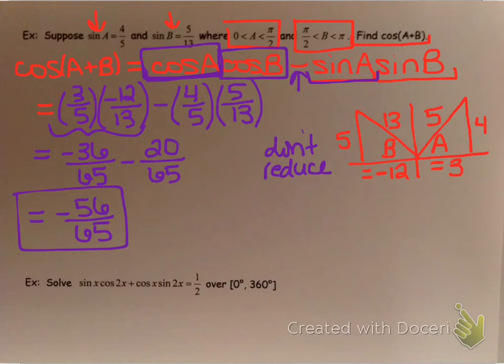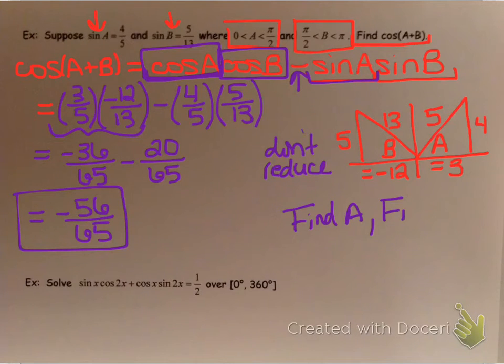And that would be the cosine value for whatever angle resulted from taking angle A and adding it to angle B. The only way to check your answer here involves inverse trig, which means it's harder and messier to check your answer than it is to just trust your answer and your identities. Because what you'd have to do is find angle A, which means you'd have to do inverse trig.